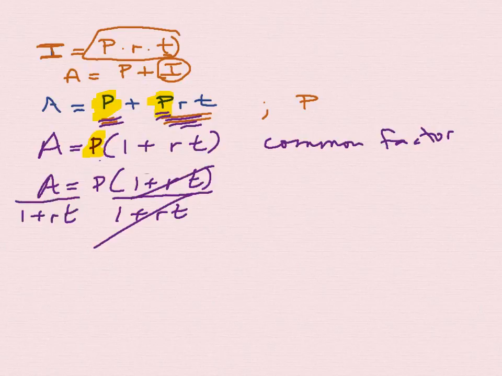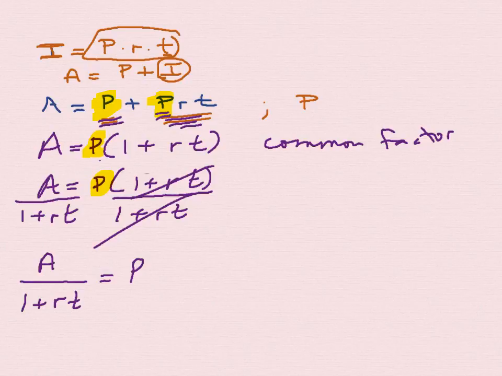What I'm left with is P on the right, and on the left, I have the area divided by 1 plus the rate times the time, and that equals the principal. So when your term appears more than once, you're going to have to factor it.